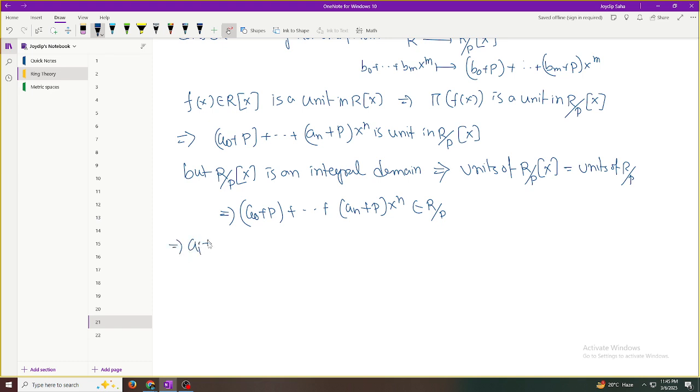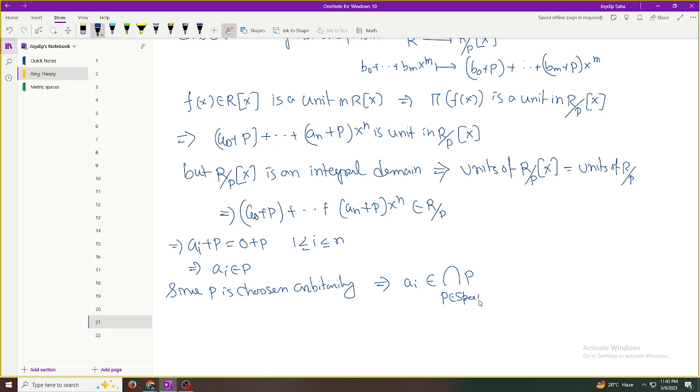This implies ai plus P equals 0 plus P for 1 less than or equal to i less than or equal to n. This implies ai belongs to P. Since P is chosen arbitrarily, ai belongs to the intersection of all prime ideals, for 1 less than or equal to i less than or equal to n. This implies a1 to an are nilpotent.